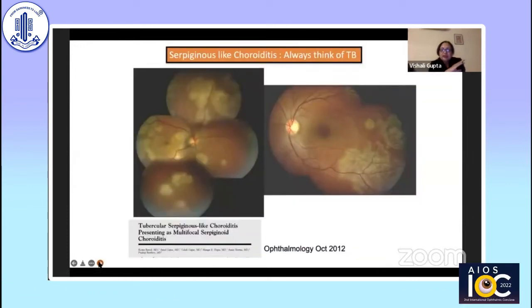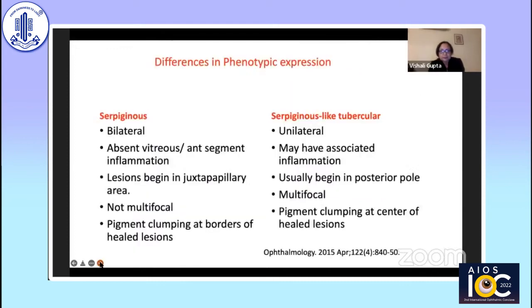The second phenotype, which is again very typical for tuberculosis, is serpiginous-like choroiditis, which we have the honor of describing for the first time. So if you see multifocality, if you have associated vitritis, anterior segment inflammation, and a phenotype like this, always think of tuberculosis.